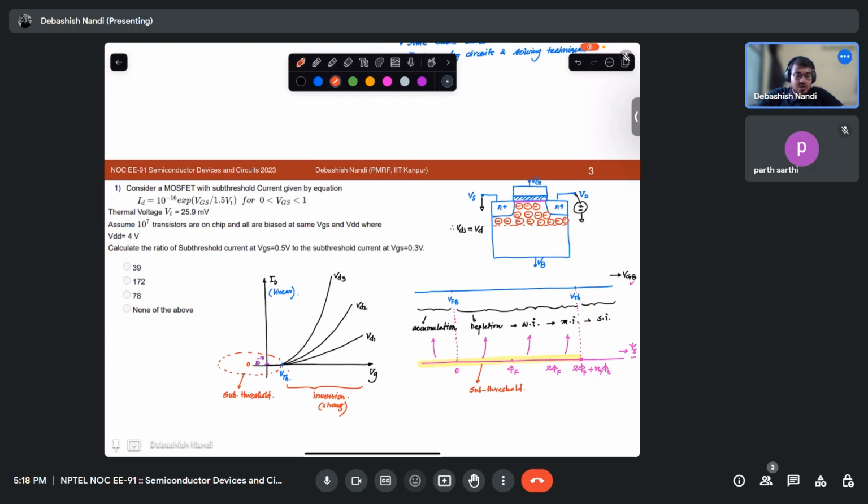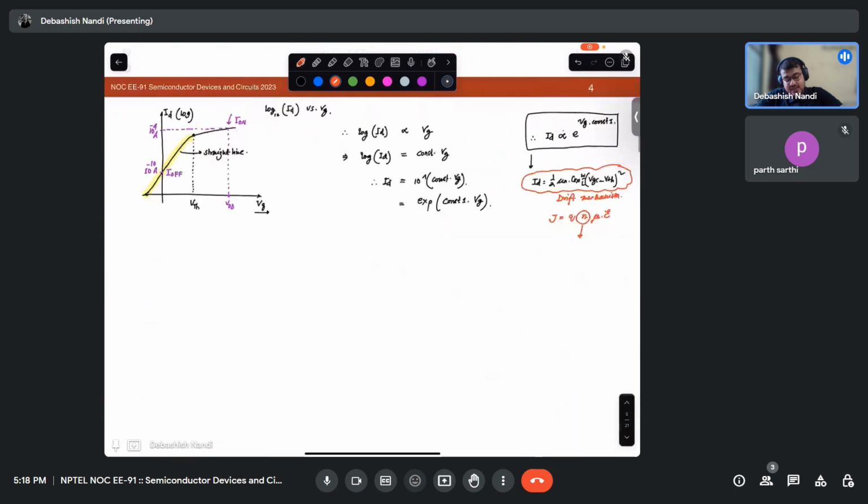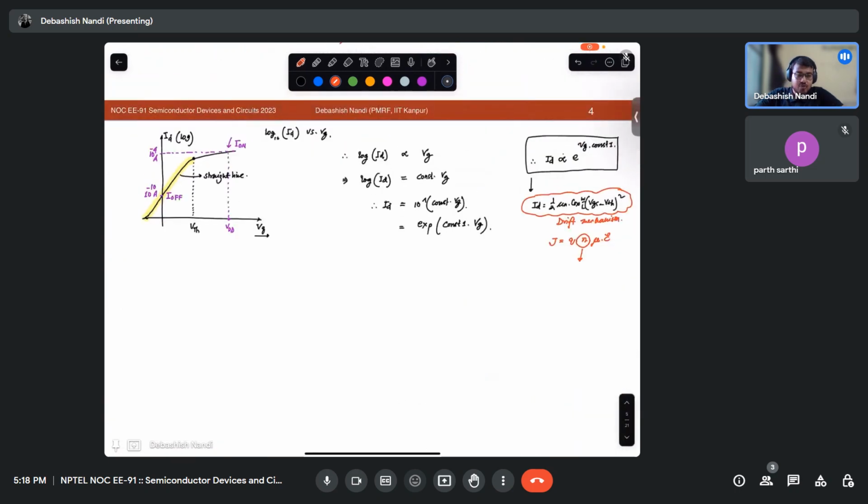So how will minority carriers move in a region of semiconductor with so few carriers? They will move by diffusion. This is diffusion transport in subthreshold, meaning diffusion will be the dominant current.